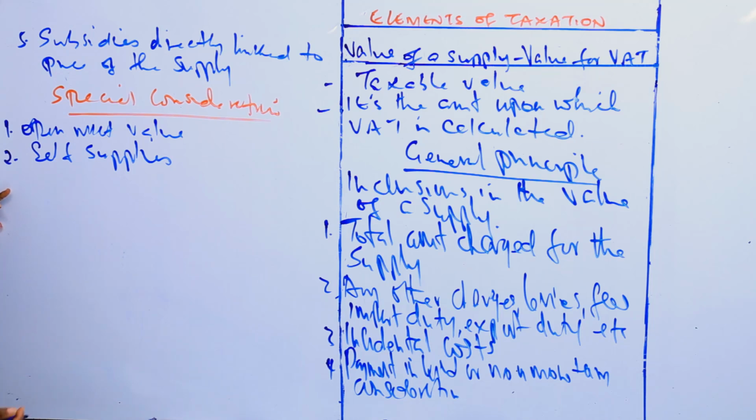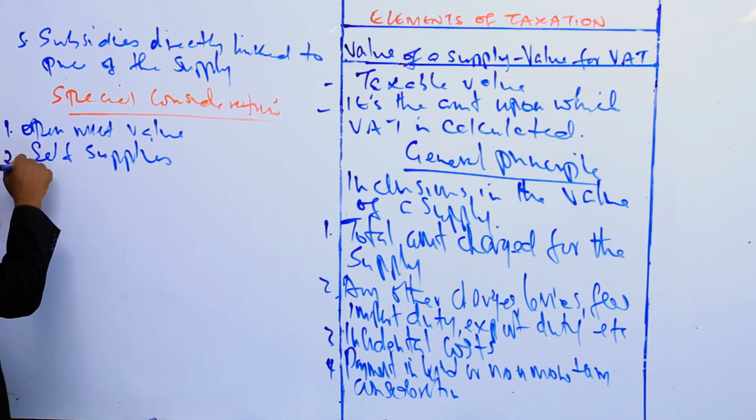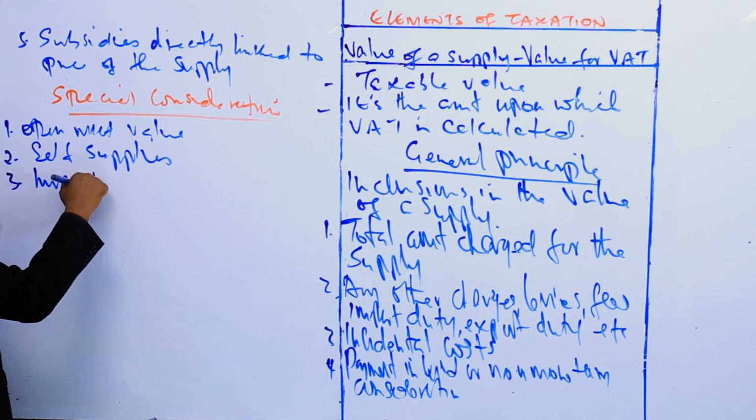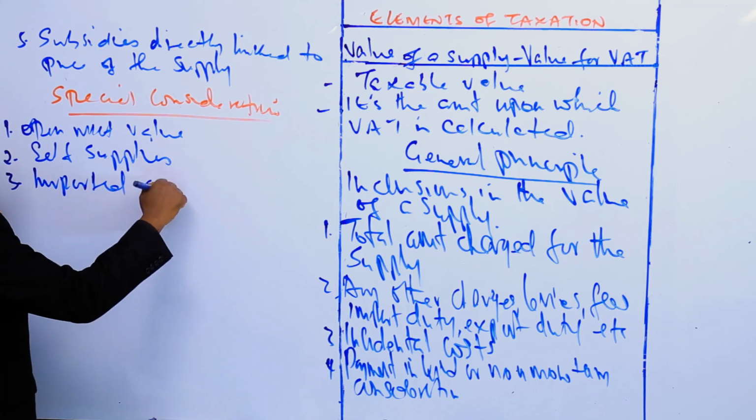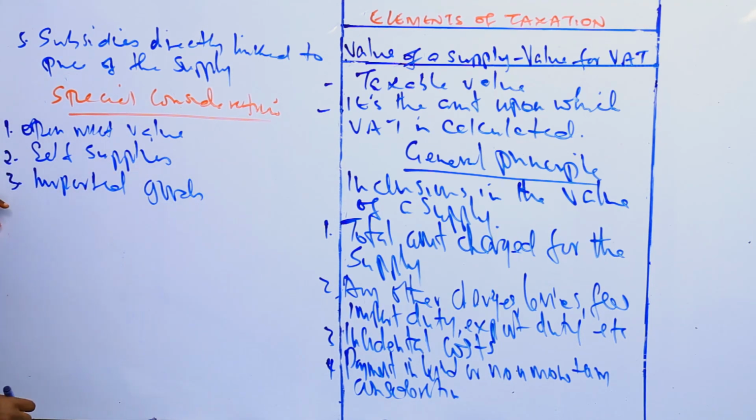Self-supplies. What of imported goods? This is another special consideration. Imported goods. Now, for imported goods, the taxable value for VAT purposes is the sum of the customs value of the goods as determined for customs duty importation.